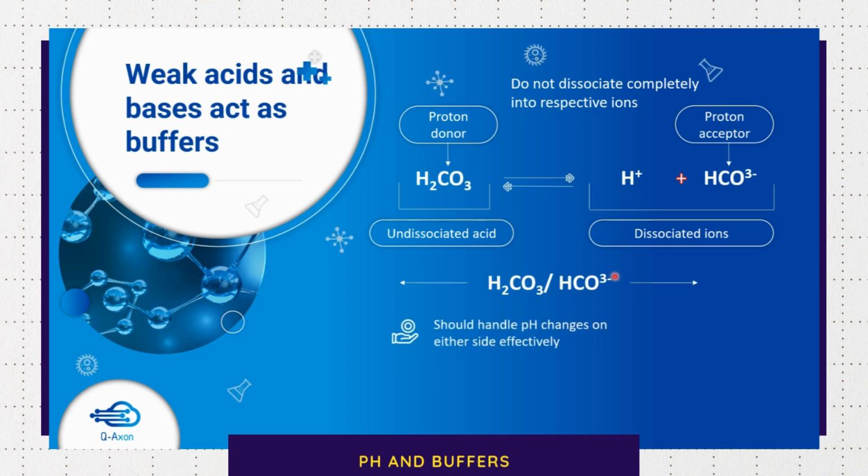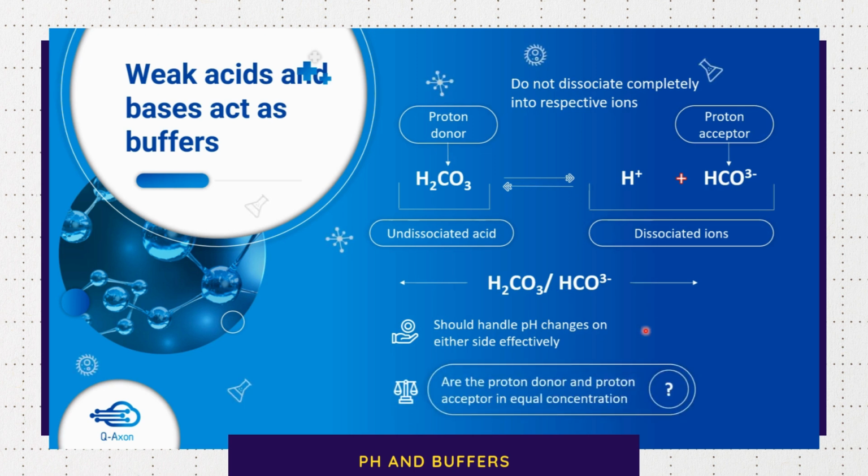So a buffer should handle pH changes on either side effectively and maybe equally, isn't it? For that we want the concentration of the proton donor and the proton acceptor to be equal. But is it so? Are the proton donor and proton acceptor in equal concentration? See, from the beginning we are saying that the buffer dissociates partly, but how much partly?